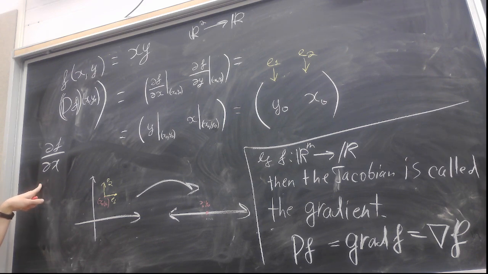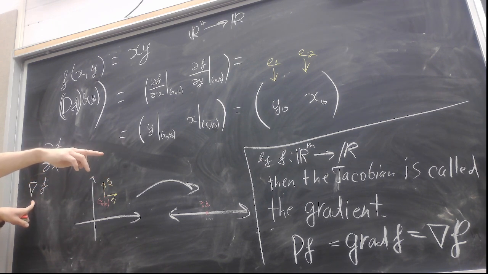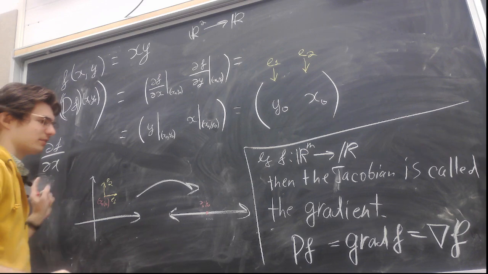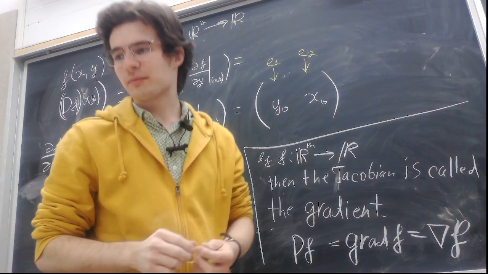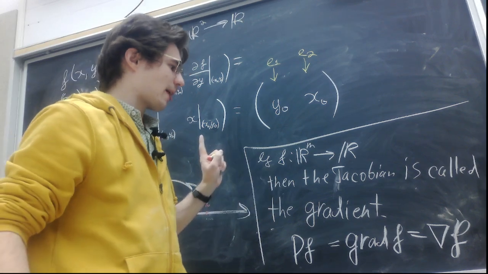Sometimes I think I've seen something like this written when it's not a function from Rn to R, but a function from Rn to Rn, though I haven't really seen that, maybe once.